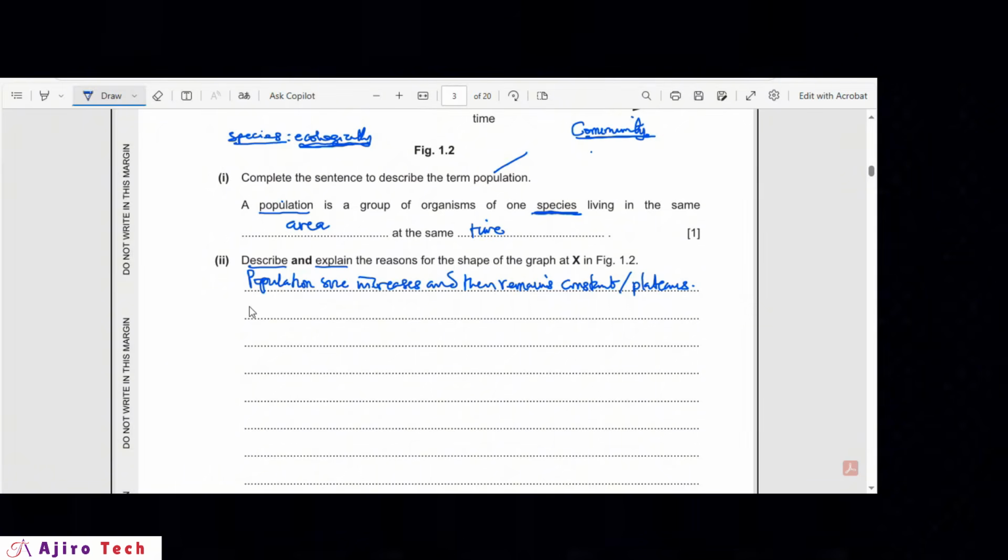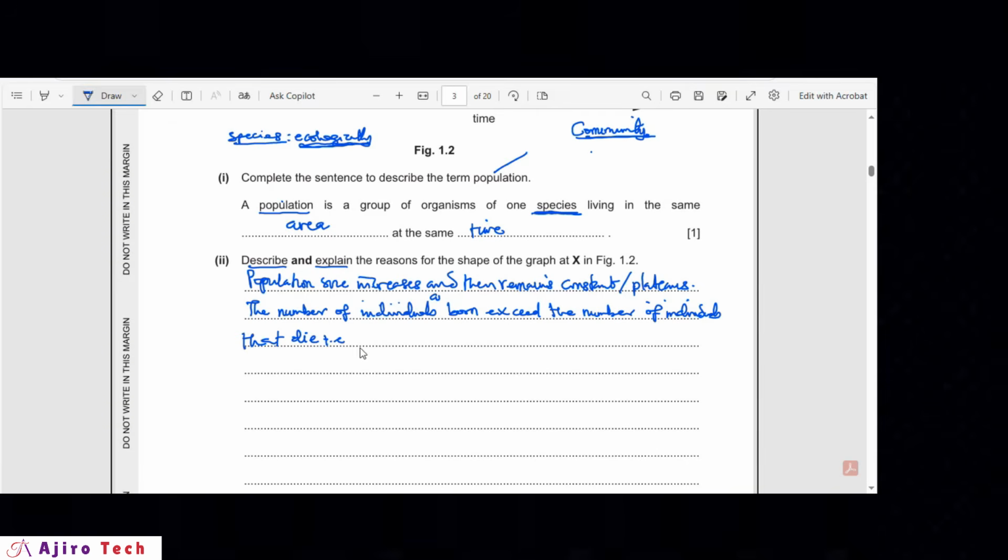Of course, we can say that there was increase because the number of individuals that are born exceed the number of individuals that die.